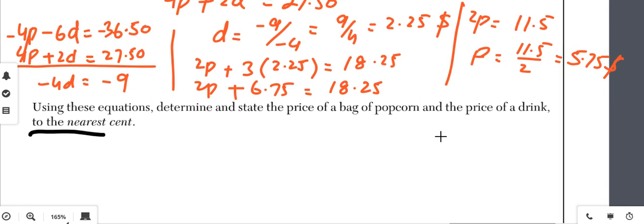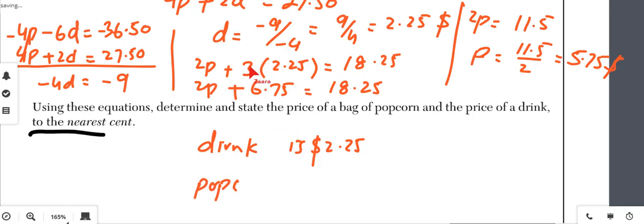So the price of a drink is $2.25, and the price of one bag of popcorn is $5.75.